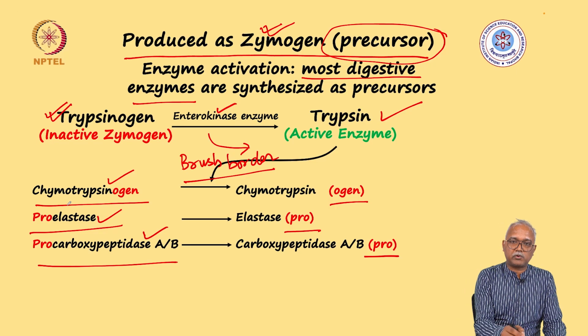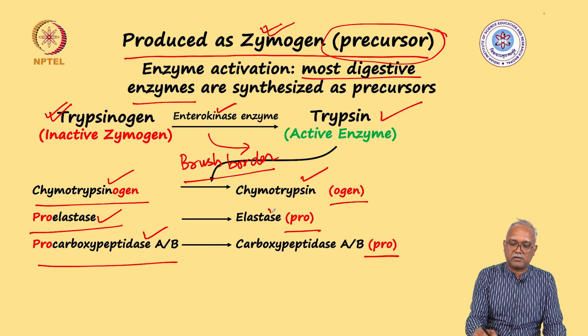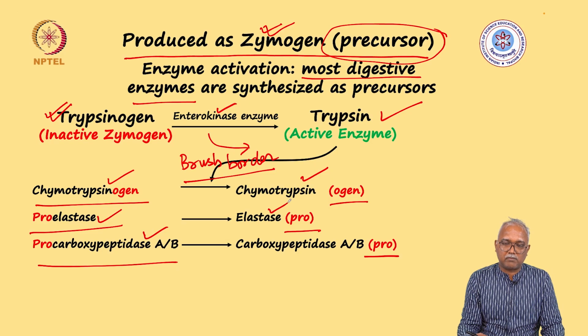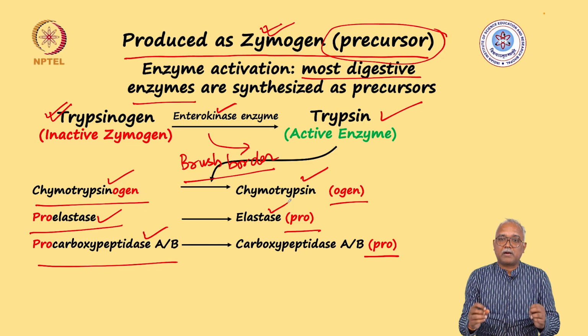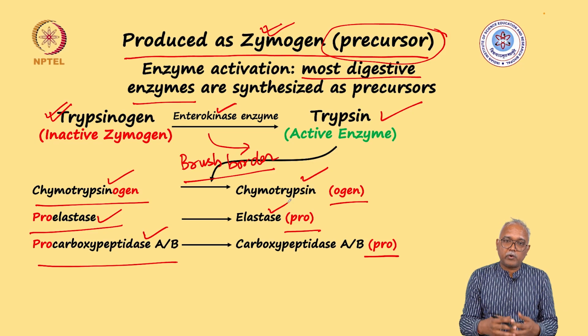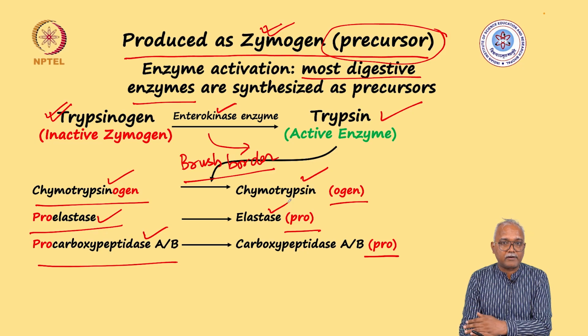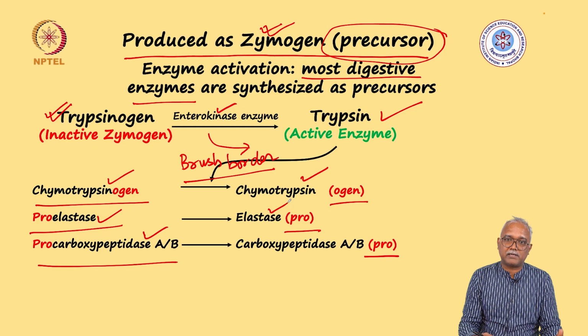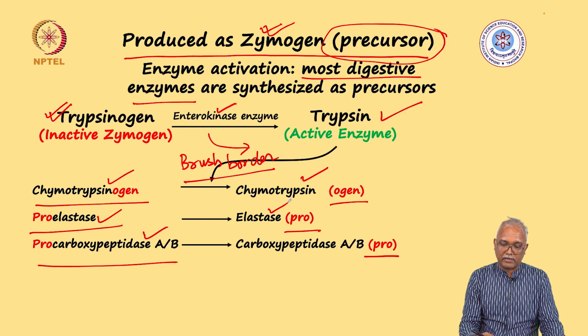So chymotrypsinogen is converted into chymotrypsin, which is active and starts digesting the molecule. Pro-elastase is converted into elastase and starts digesting the protein molecule. So controlling the signaling pathway by producing the signal or effector molecules as a precursor is one of the ways to regulate the signaling.